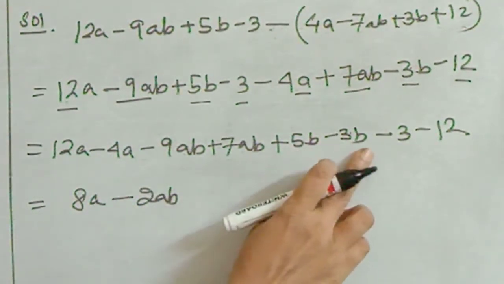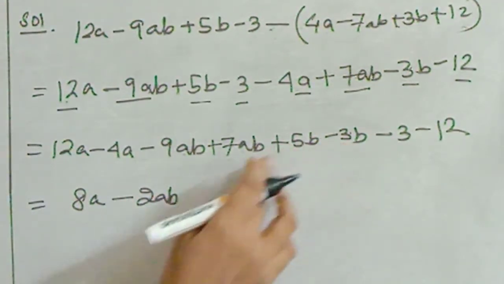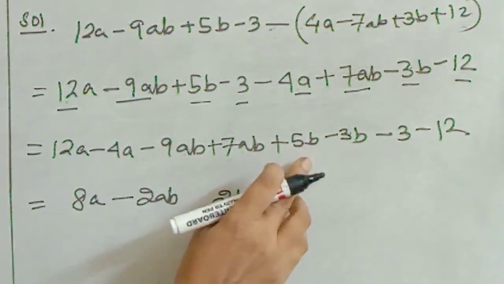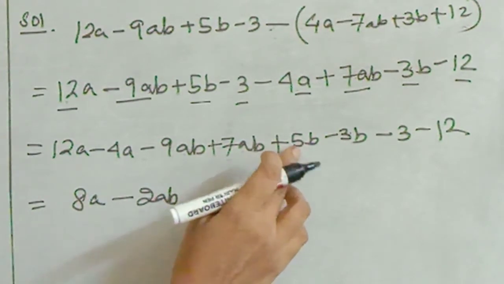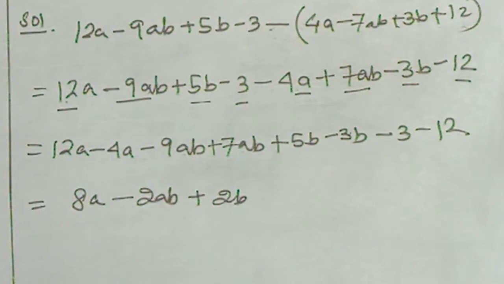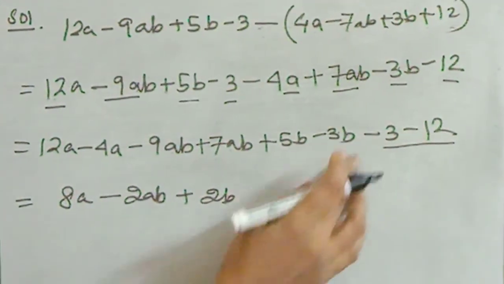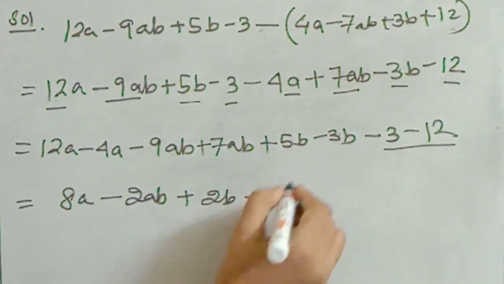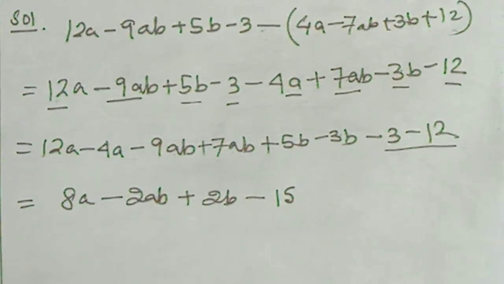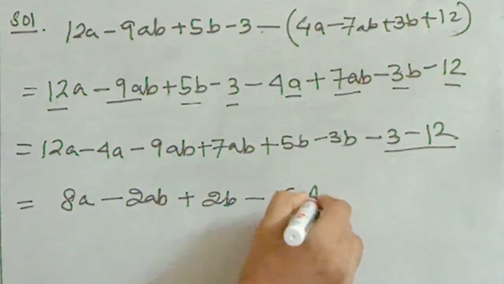Then plus 5b minus 3b, again different sign, you need to subtract, so 5 minus 3 is 2b, and in front of 5 there is a plus sign, it is the larger one, so you write plus. Next, minus 3 and minus 12, both have the same sign, so you need to add them, it is minus 15. So what is the result? 8a minus 2ab plus 2b minus 15.